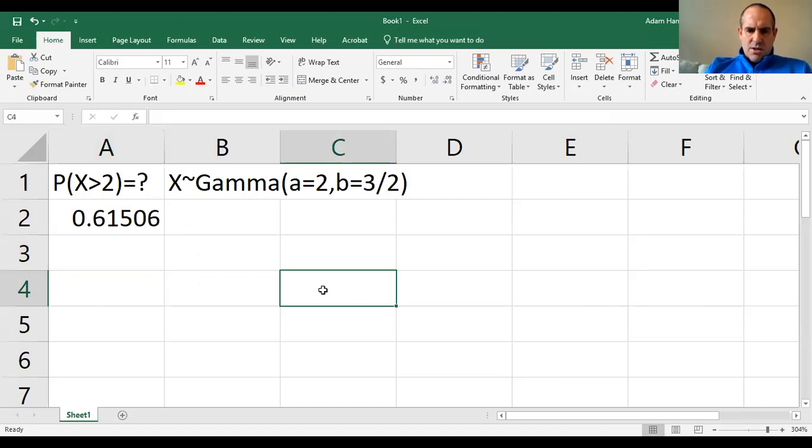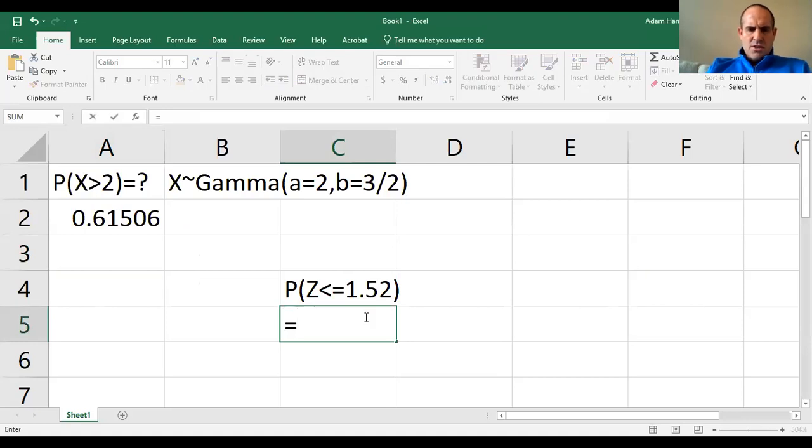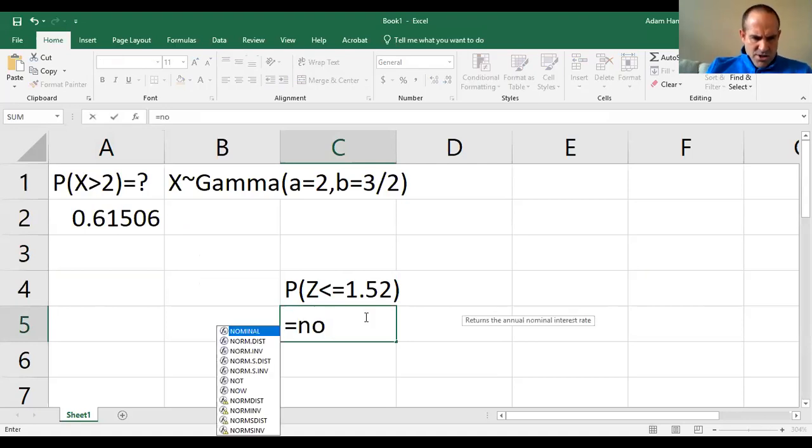Okay, so I want the probability that Z is less than or equal to 1.52. Well, you're going to go equals normal. If you start typing normal, there's normal standard distribution right here. That's the standard one.